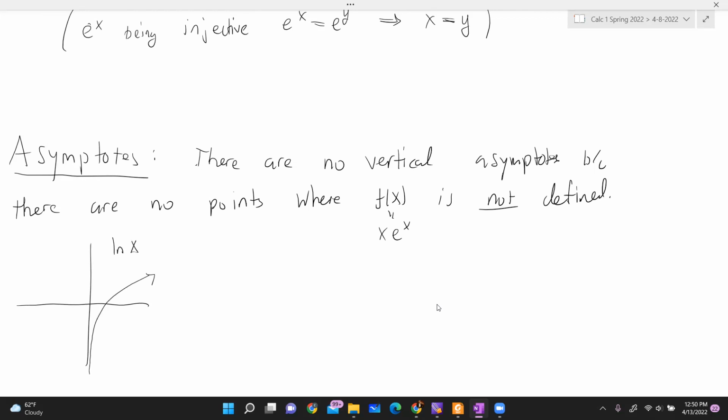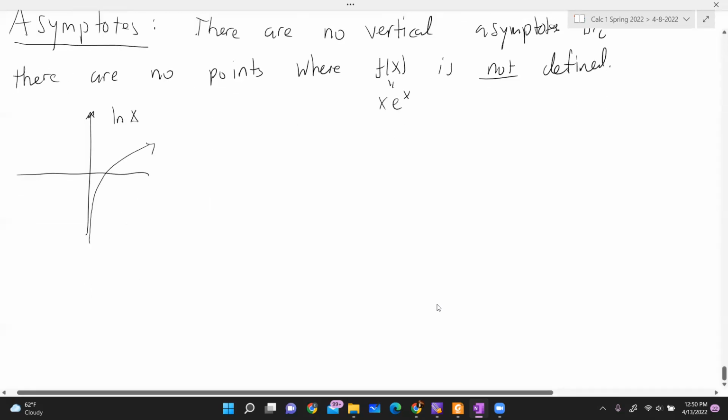It has a vertical asymptote at the line x equals 0, that's the y-axis, because ln x is not defined at x equals 0. But we don't have any such points. The function is defined everywhere. So there are going to be no vertical asymptotes.